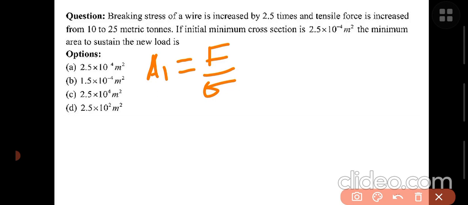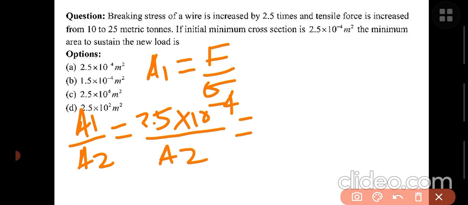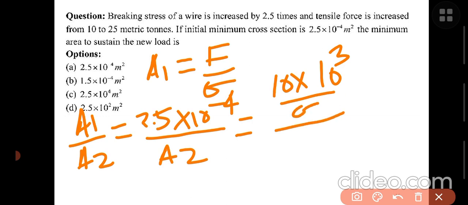We get A1 by A2 equal to 2.5 into 10 to the power minus 4 divided by A2. A1 is given and we are simply substituting. A1 is F by sigma. F is given as 10 into 10 to the power 3 divided by sigma, that is A1.